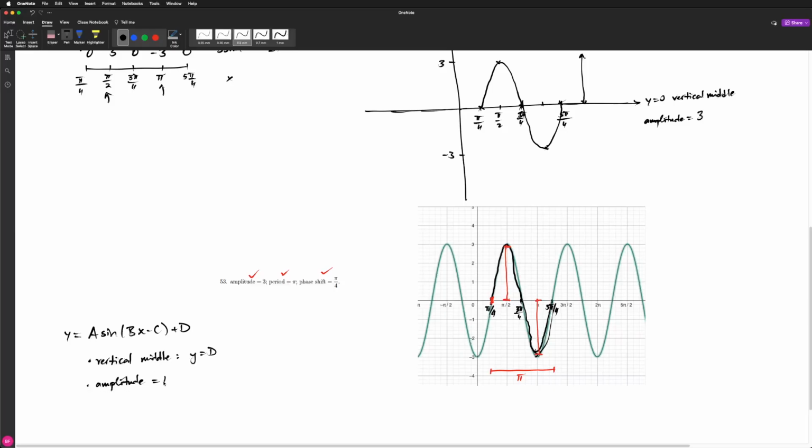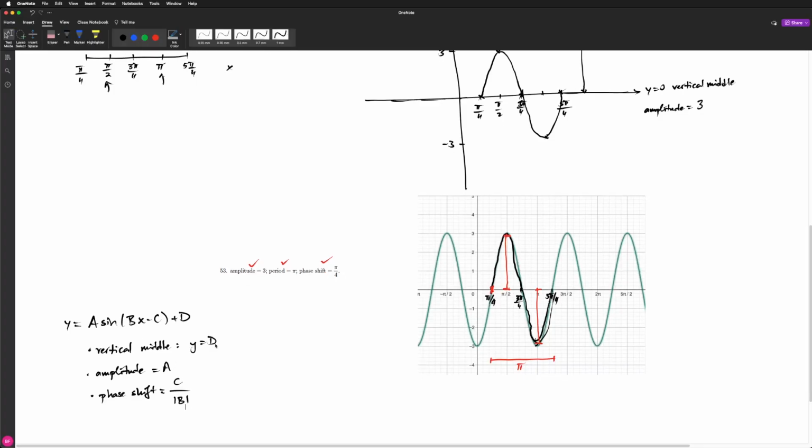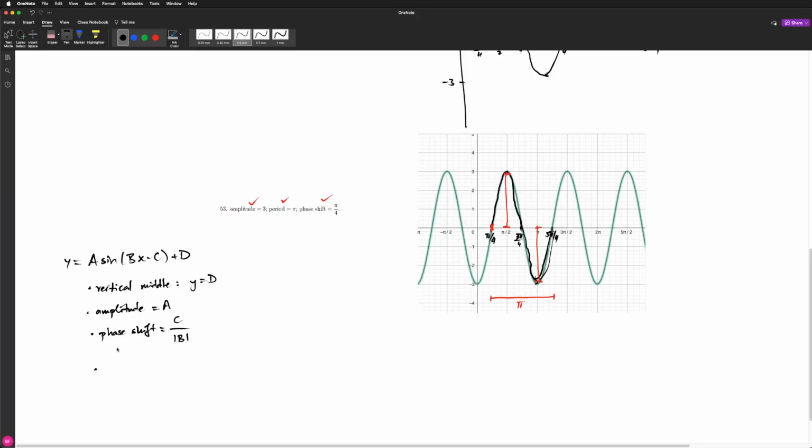would be a. Phase shift would be c, whatever follows the minus sign, divided by b. And period, not the absolute value of b, just b. You see, I can't remember them very well.